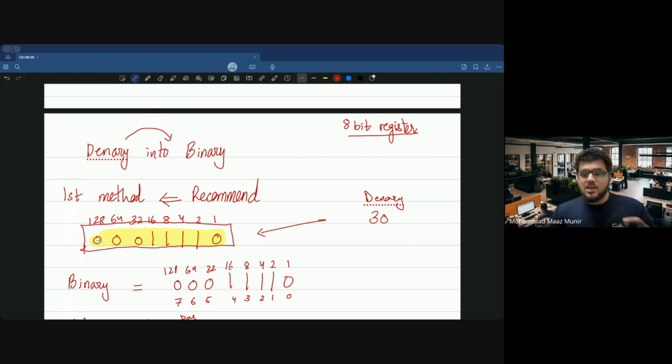Now, an 8-bit register, a register is a type of shelf, a horizontal type of shelf, just like this, and it will be having 8 sections in it. 1, 2, 3, 4, 5, 6, 7, and then 8. So you see, we have 8 smaller boxes, and each box will be having a specific value, which will be found using the same formula which we discussed yesterday. So the first box will be having value 1, 2, 4, 8, 16, 32, 64, 128, and so on.